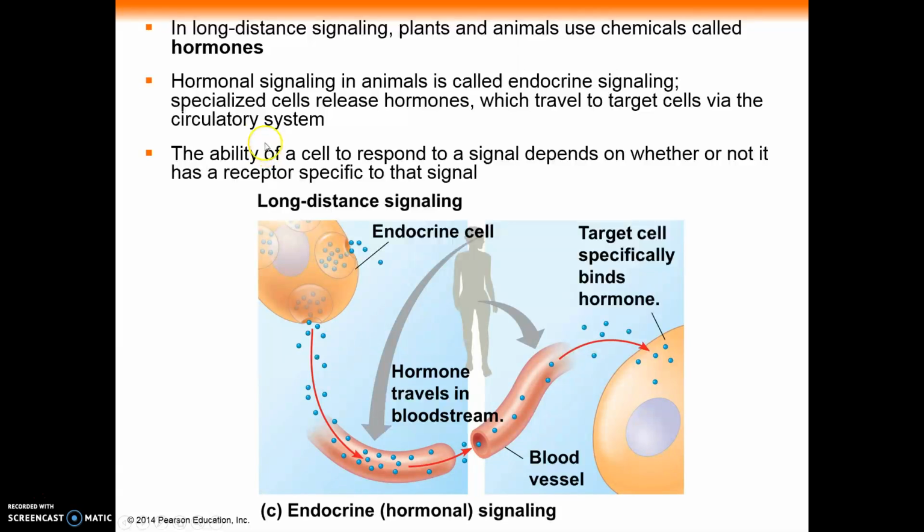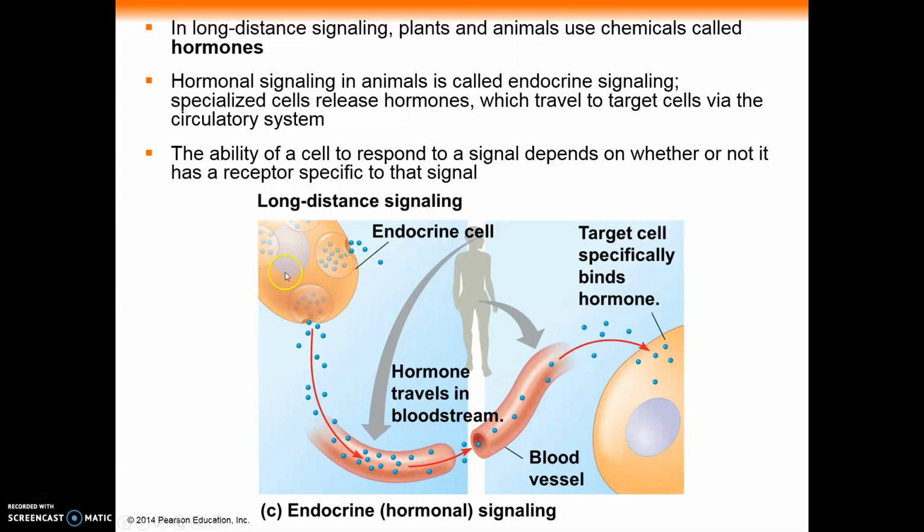Now, when we have a hormone that goes out and impacts a lot of cells and it's distributed by the bloodstream, we'd refer to this as endocrine signaling, or we could also call it hormonal signaling. So here we have a cell that in this case is living in the brain, and it is processing signals from your brain.